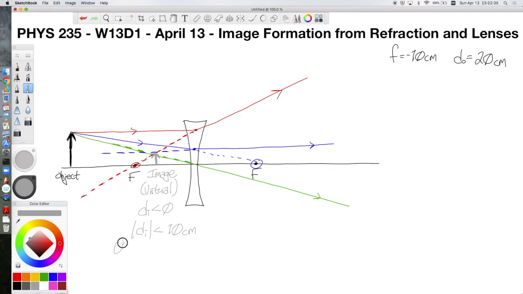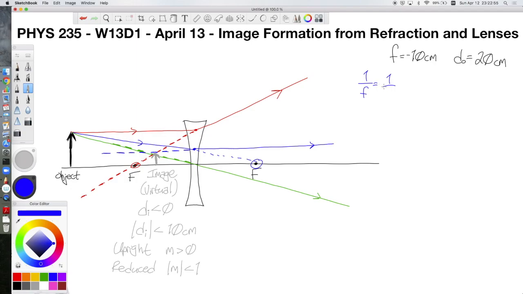Our image is upright, which means we expect a positive value for our magnification, and our image is reduced, or smaller than our object, so we expect the absolute value of our magnification to be less than 1. Let's grind through our math and see this.